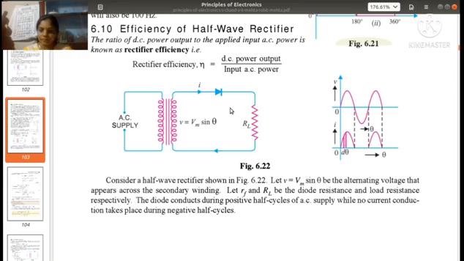For every positive half cycle we get a current at the output, and for negative half cycles no current at the output. This is shown in the figure.